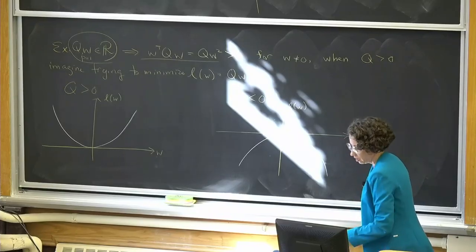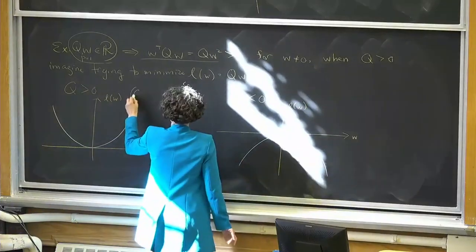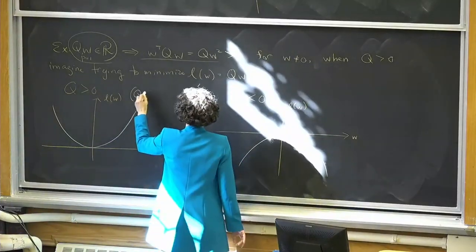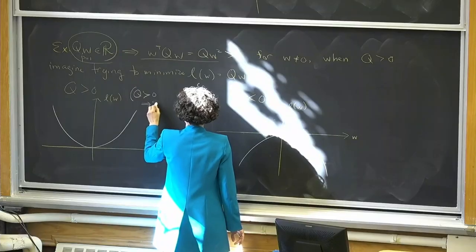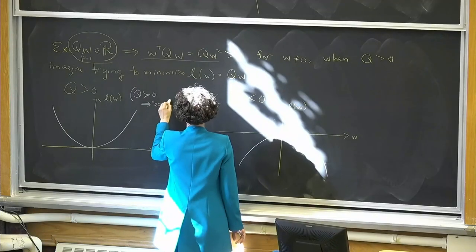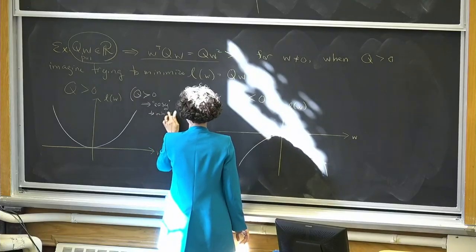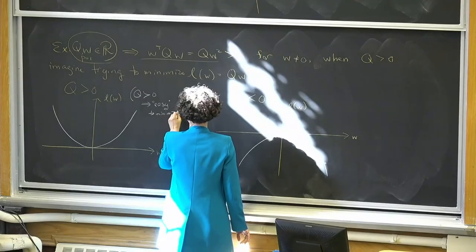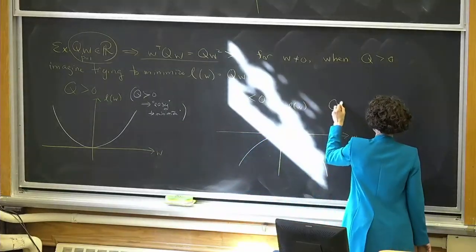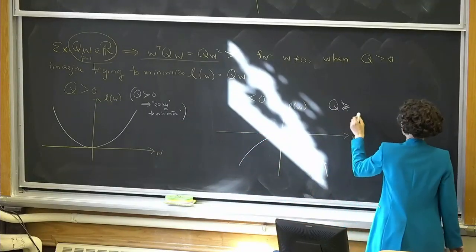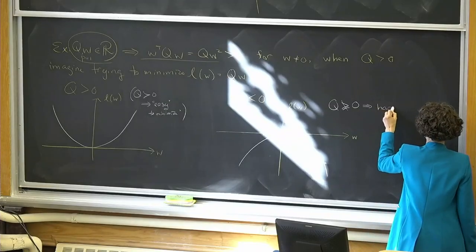Okay. So another way of saying this, and this is going to generally be true, is that when Q is positive definite, then things are easy to minimize for this loss function. And over here, when Q is not positive definite, then things are hard to minimize.